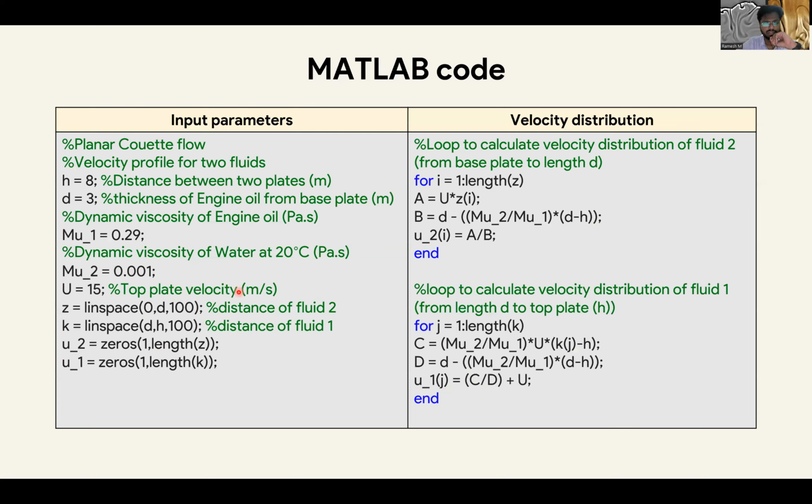Based on these assumed values, a code is written to calculate the velocity at each point in the fluid. This is a basic for loop, calculating the velocity in fluid one and fluid two.